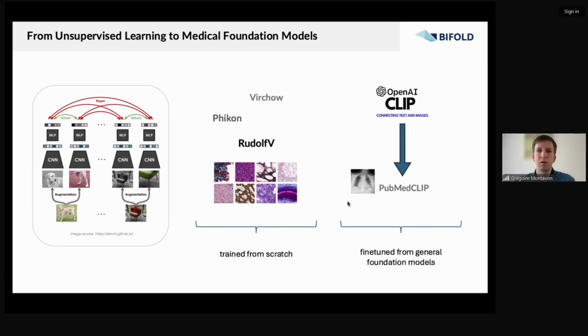And this is an example with the PubMedCLIP model, which is applied to radiology data, and which derives from the more general OpenAI CLIP model, a general model for images which is based on defining a matching task between text and images. And so what we wanted to do is to get a bit of insight into the way some of these foundation models in the medical context process data, or if there are some pitfalls with the processing of the data.